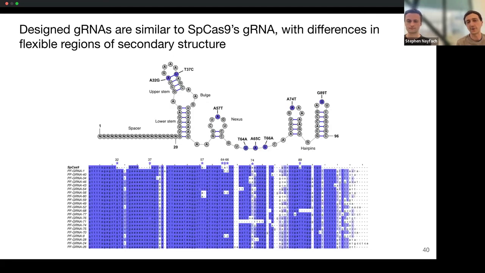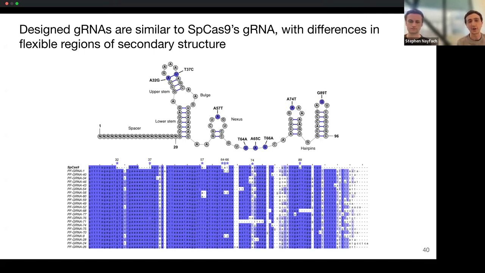Another interesting result we found was, so maybe I'll take a step back and walk you through this figure. In the bottom part of this figure, we have SpCas9's guide RNA shown on the top, and a multiple sequence alignment of generated guides on the bottom. On the top of the plot with asterisks, we've indicated positions in the generated guide RNAs that often differ at that position with respect to SpCas9. And then at the top of the figure, we have the predicted secondary structure of SpCas9's guide RNA.